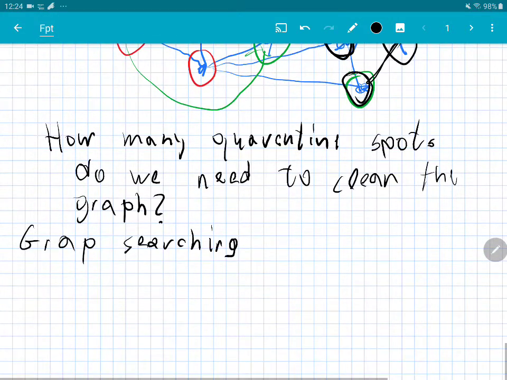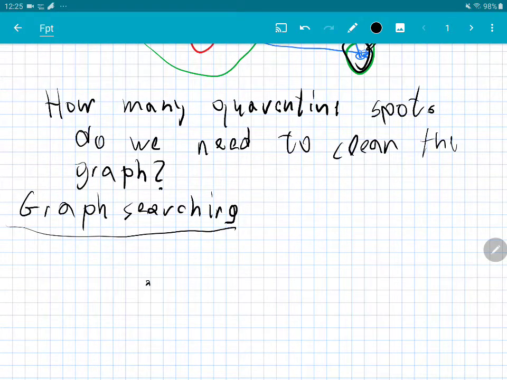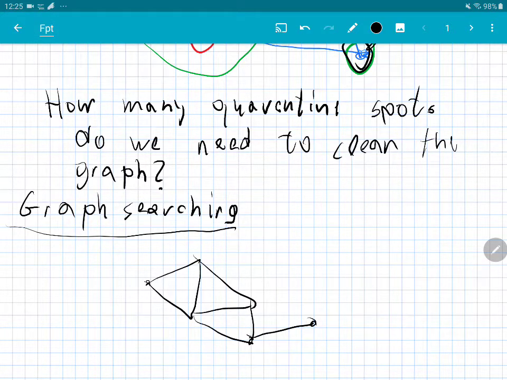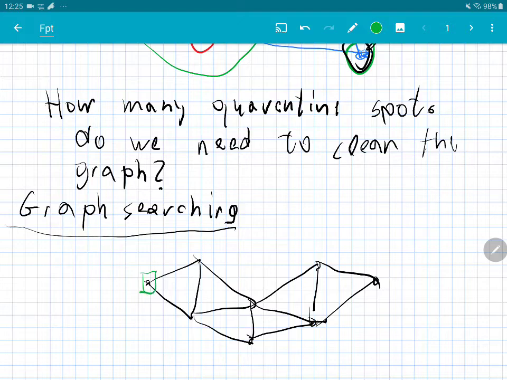And the way it is described in the book is slightly different. The way they describe it in the book is that you have a graph as before, and you put guards in, and now think about the edges as being pipes. Now you want to find a schedule of guards to guard the graph.